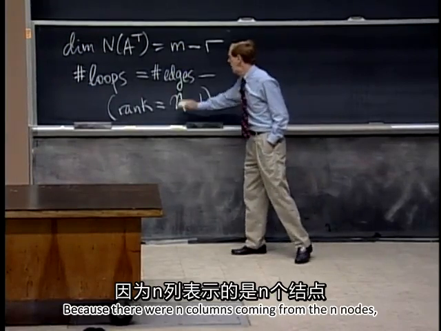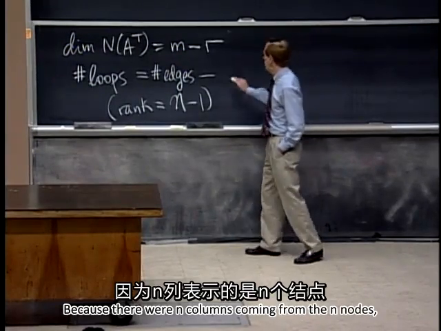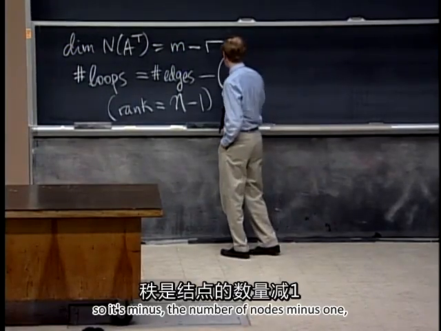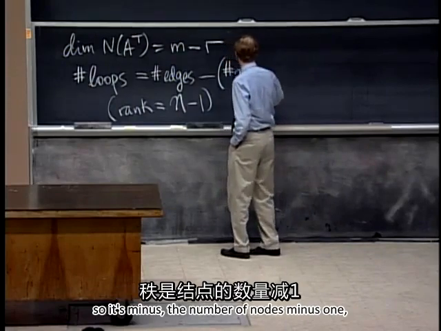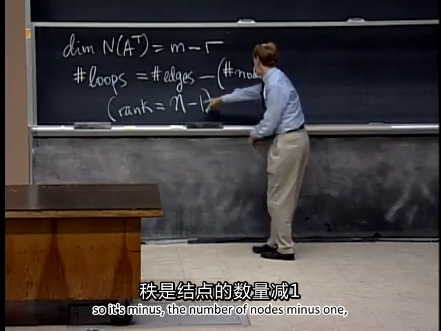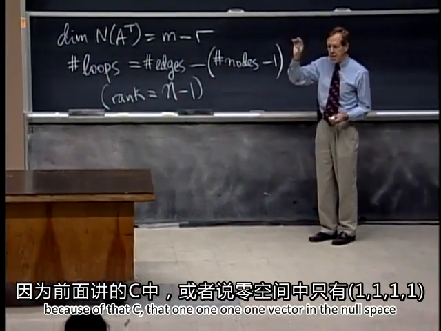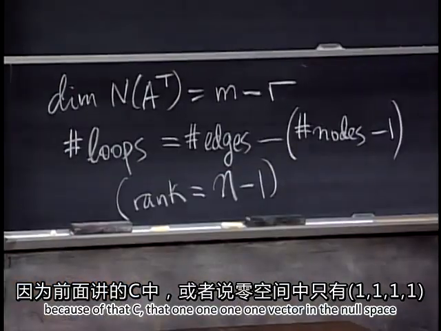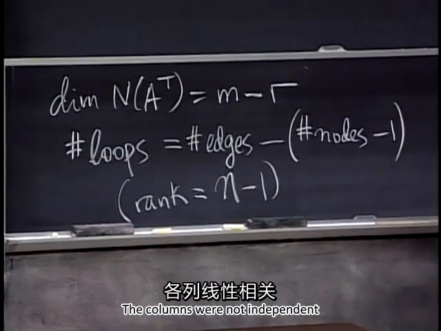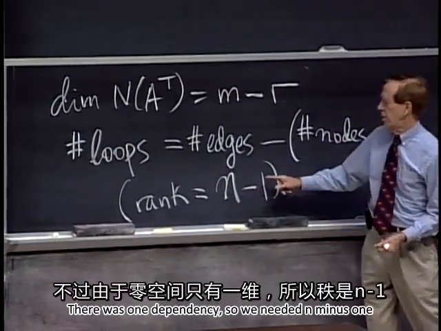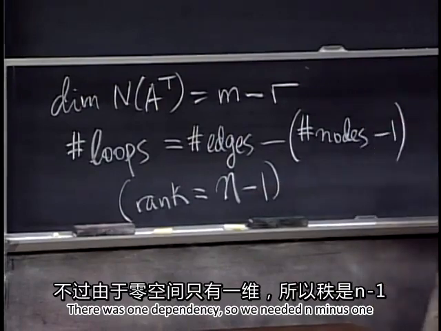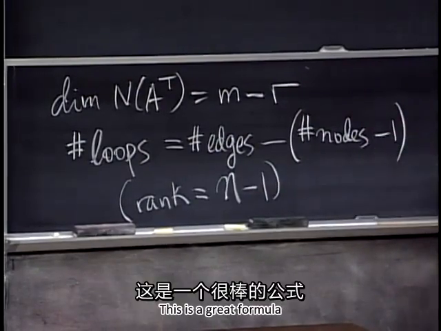Because there were n columns coming from the n nodes, so it's the number of nodes minus 1. Because of that 1, 1, 1, 1 vector in the null space, the columns were not independent. There was one dependency, so we needed n minus 1. This is a great formula.